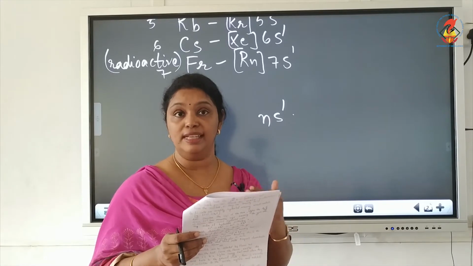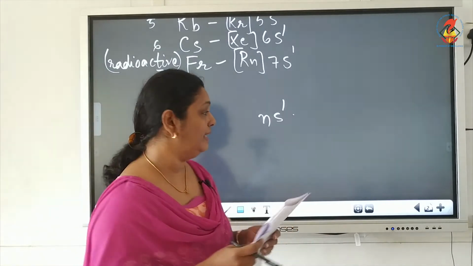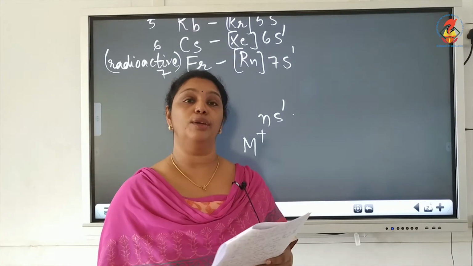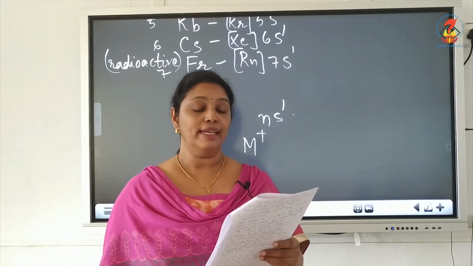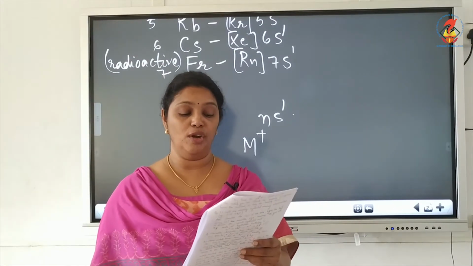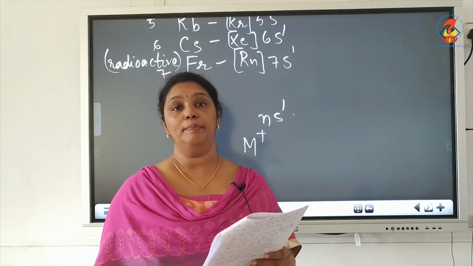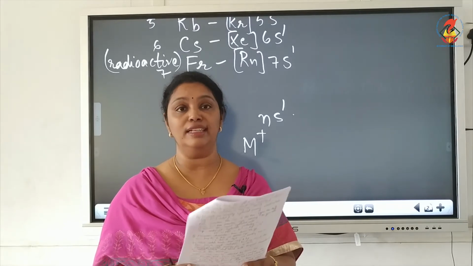So, it can be easily removed and one electron is lost, resulting in M+ ion, that is a cation is formed. So, we can say group 1 elements are electropositive in nature. Now, alkali metals are never found in free state in nature because they can readily lose one valence electron to form M+ ion.